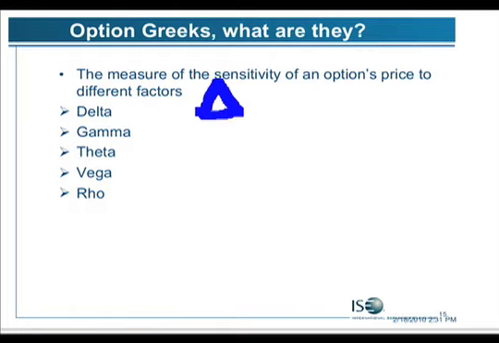Now, some of you actually said gamma, and gamma is very important. Gamma tells me, if you will, it's the delta. How much will my delta change? Because the delta at expiration, believe it or not, options don't have delta at expiration. They're either worth zero or their intrinsic value.